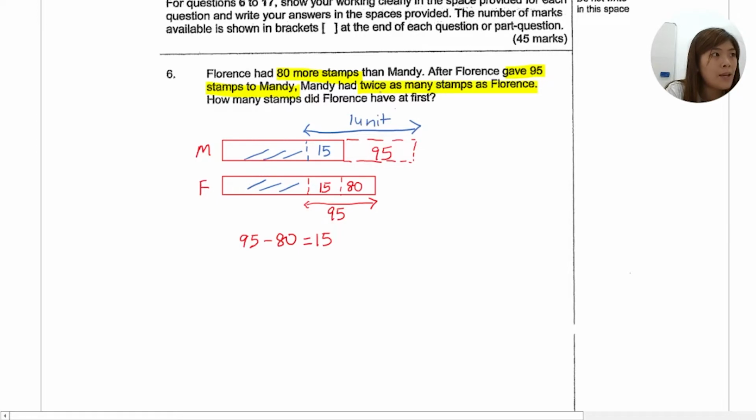Because Mandy had twice as many stamps as Florence, Mandy will have 2 units, and Florence has 1 unit. So 1 unit will be equal to 95 plus 15, which is 110. 1 unit is 110. You want to know how many stamps Florence had at first.